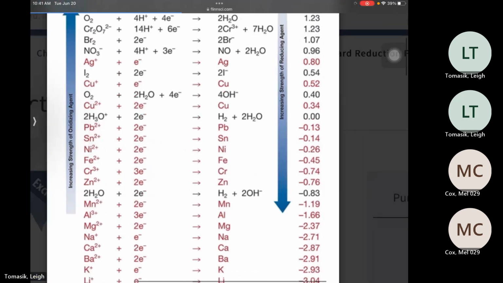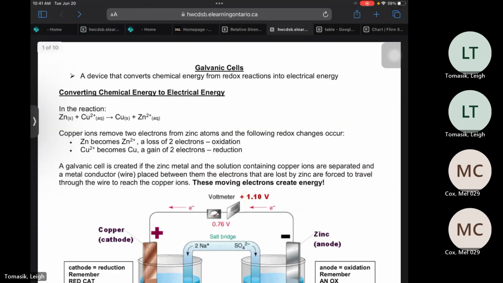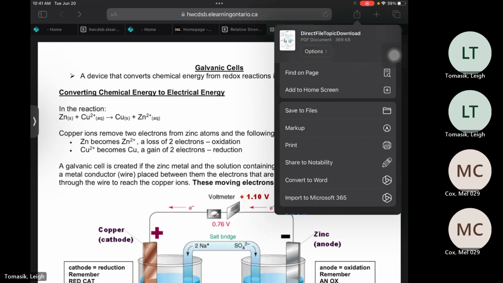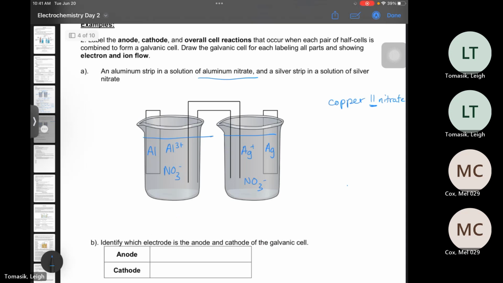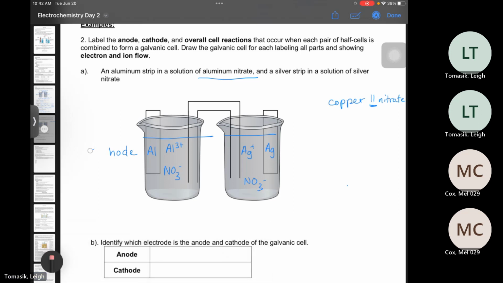I know that aluminum is my cathode. Nope, sorry, my anode, because it was the lower one, remember?